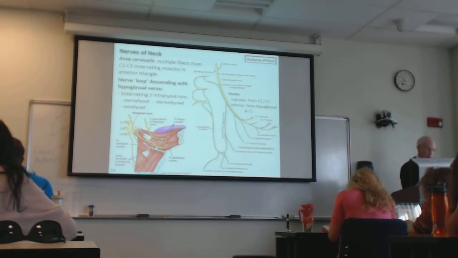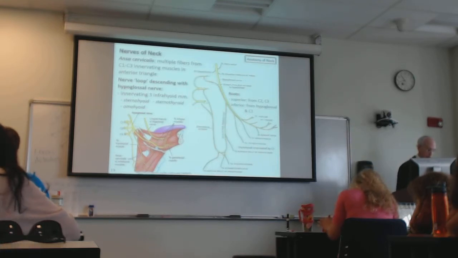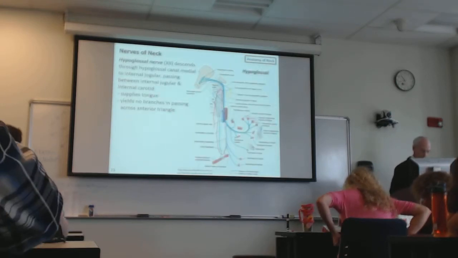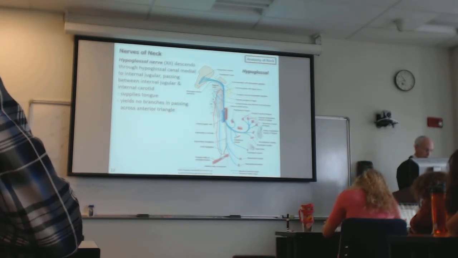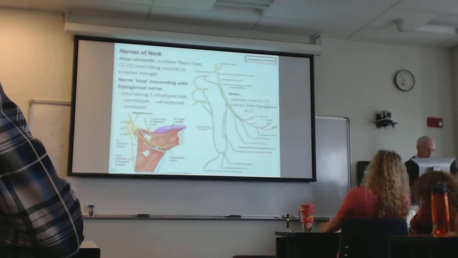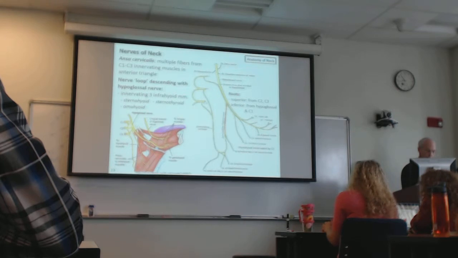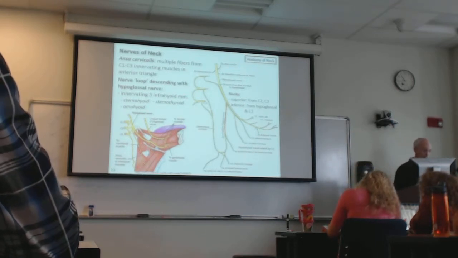And you have a couple of pictures here. This is showing the same thing. Here's the cervical plexus, C1, C2, and C3. This entire loop here is called the ansa cervicalis. A portion of it descends along the hypoglossal nerve, between the internal carotid and the internal jugular vein, and then continues on down to innervate everything from the geniohyoid, the thyrohyoid, sternohyoid, and so on.